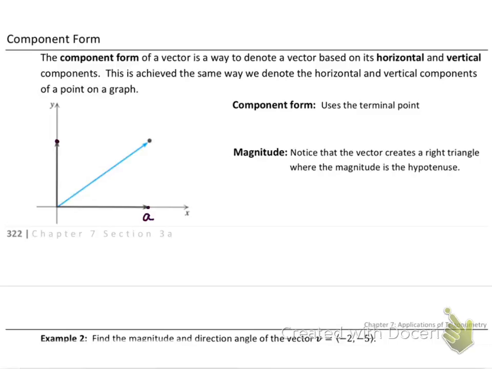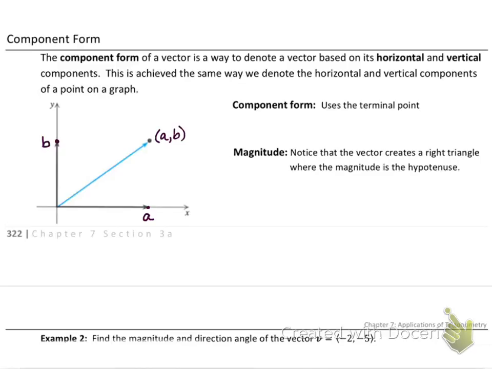And I'm going to say this point right here is b. That would mean that the terminal point of that vector that's in blue up there is going to be the point a, b. The only difference from that point and what we're going to put for component form is those parentheses.